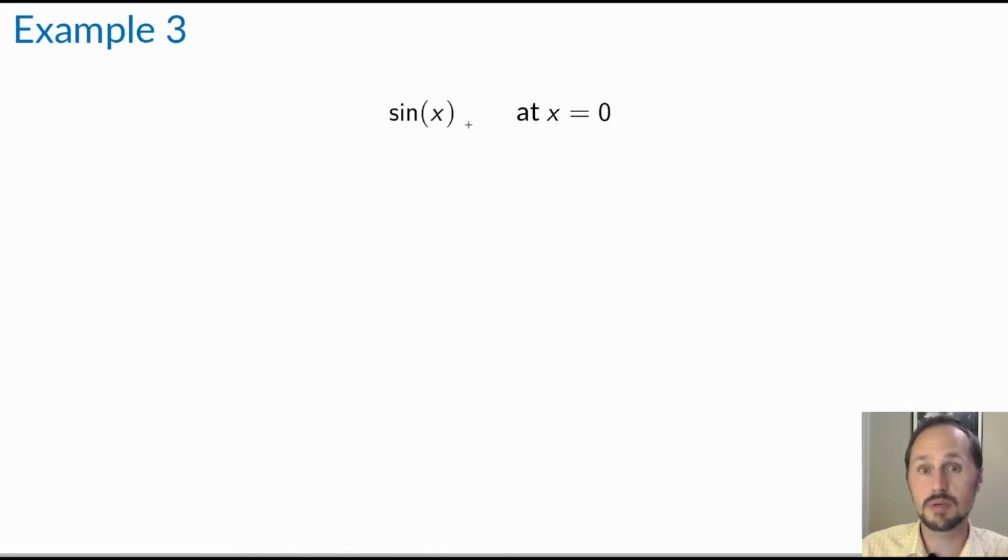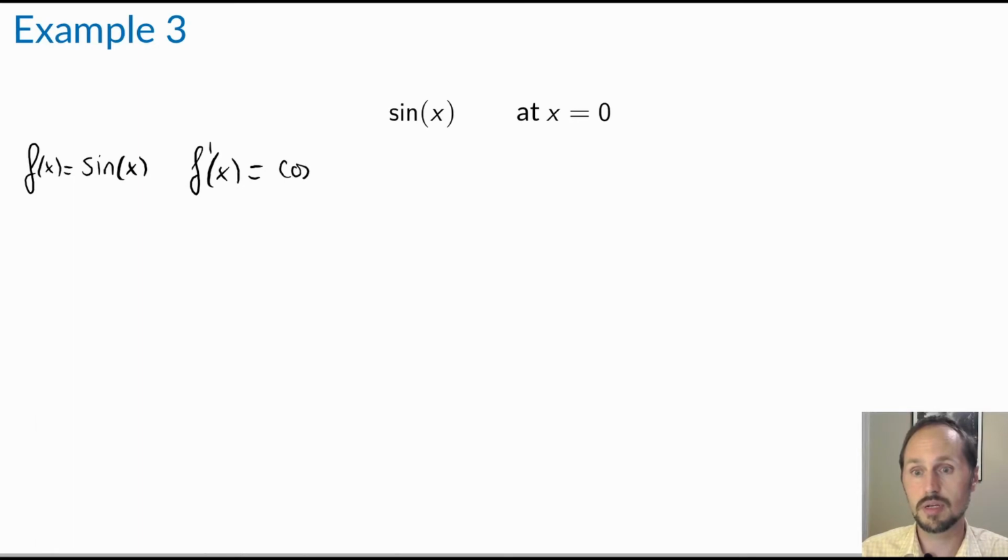Okay, so let's do an example now where we compute some Taylor polynomials for sine of x. Here we're going to take it at x equals 0. But before we do that, let's just go ahead and calculate a whole mess of derivatives. If f of x equals sine x, then f prime of x is going to be cosine x. F double prime of x is going to be negative sine x.